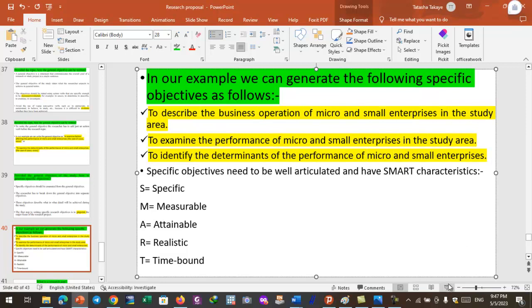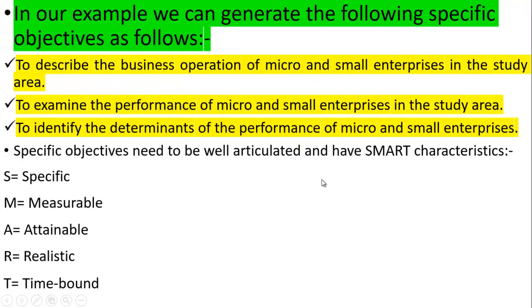Okay, we can take, for example, the relationship between the internal factors and external factors. Okay, how the internal and external factors influence the performance of micro and small enterprises.